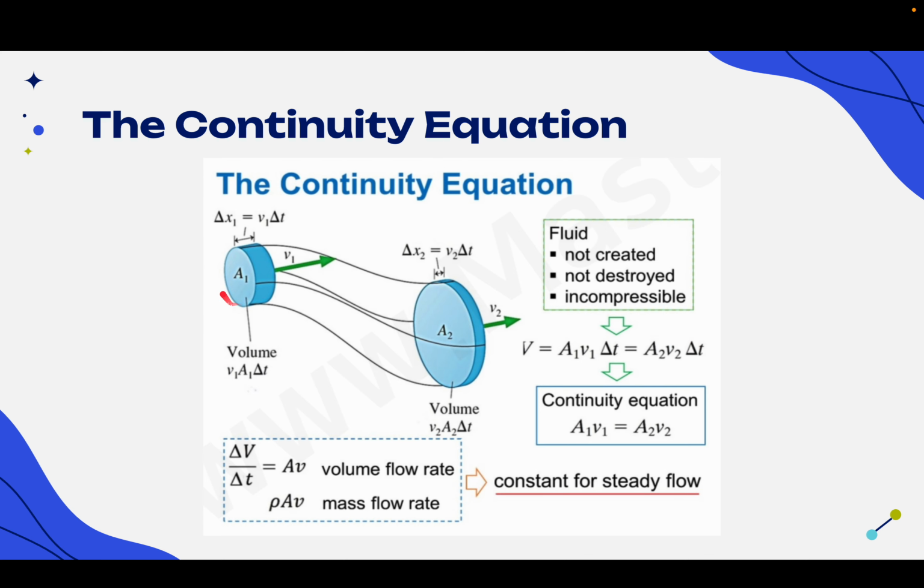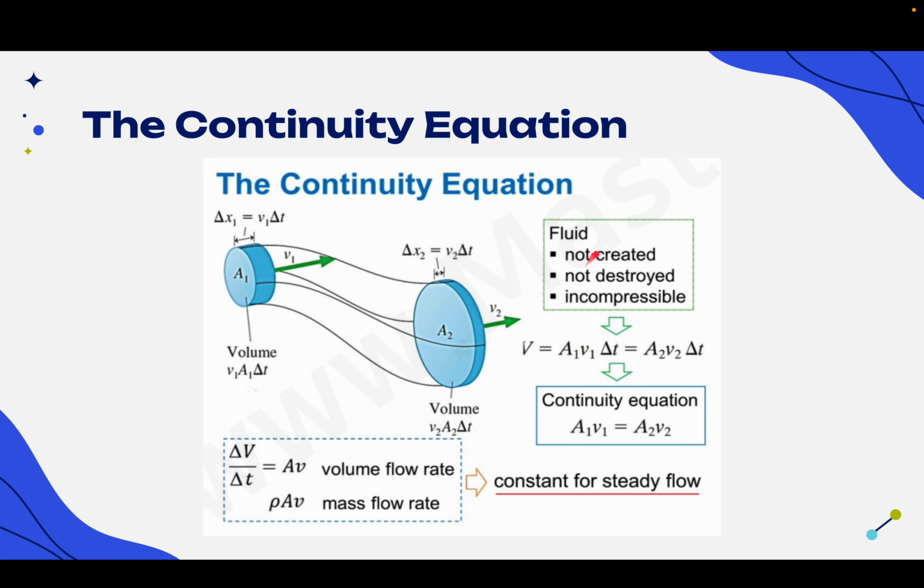It's basically base times height. So the cross-sectional area is the base, and the delta x here is the height. The cross-sectional area times delta x is the volume, so we write it here. Basically A1 is the cross-sectional area and v1 times delta t is the height. We do the same thing here.